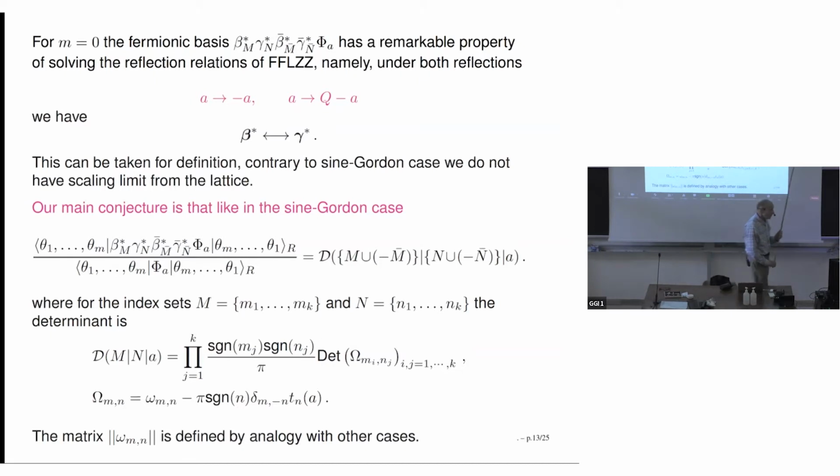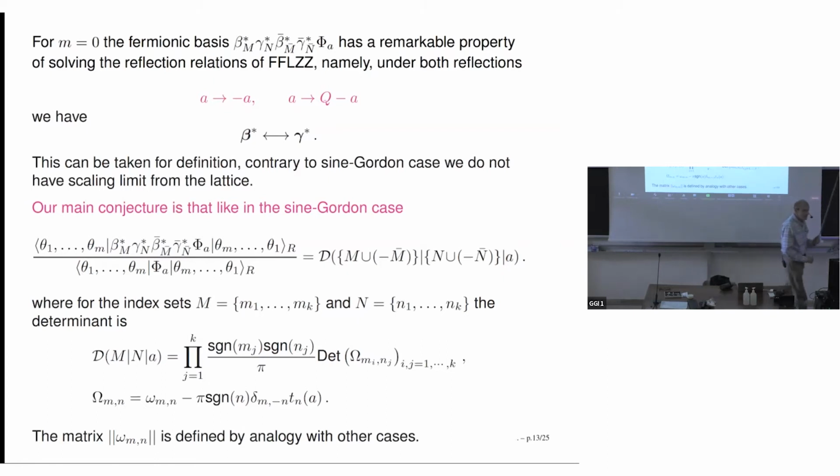They are based on an analogy with SinhGordon, where these results were obtained. This fermion basis was obtained as a scaling limit from some inhomogeneous XXZ chain, the 6-vertex model, which probably makes the audience happy.